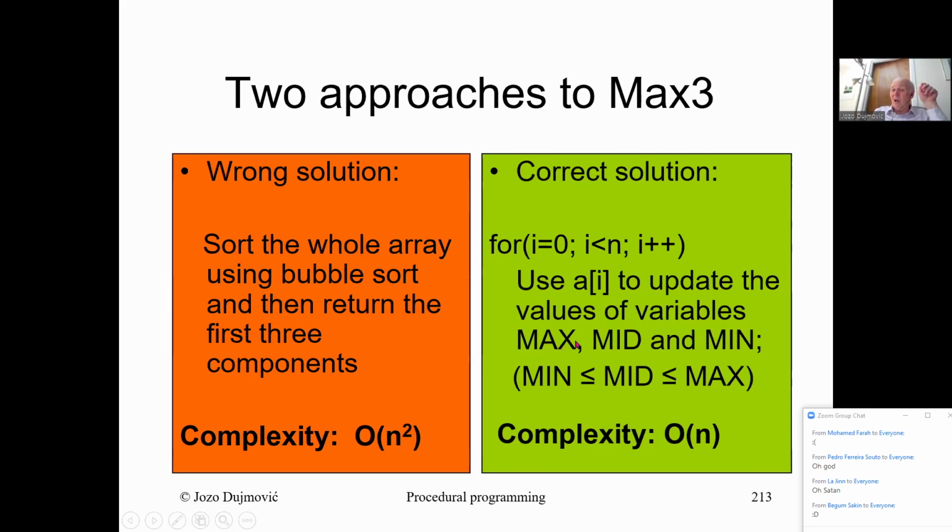So max is largest, mid is the one that is less than the largest, and min is the third largest here. And then if you take any component, compare it with these 3, update these 3, and when you come to the end, it is done. Now, this here, in my example with select sort, is a quadratic algorithm. This here is linear because you go through the array only once. You have one single traversal.